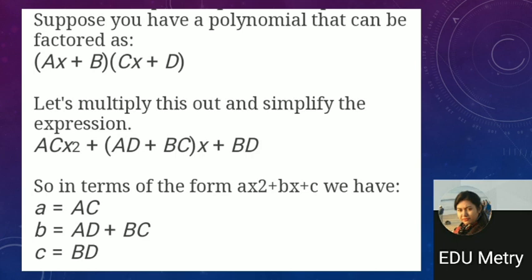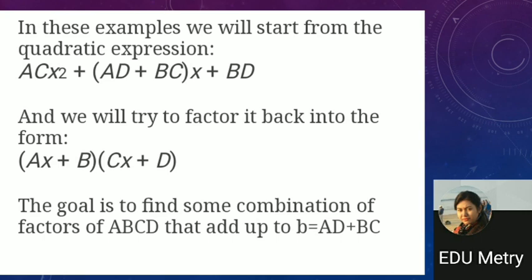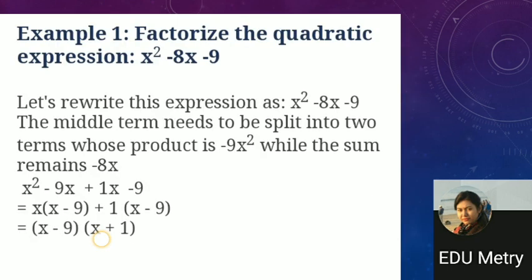Now, if we consider ac as a, ad + bc as b and bd as c, then we can write it as a simple quadratic expression. Now, looking at all this, you may be feeling very confused, but if we look at the examples, we can easily identify how we are actually splitting the middle term.